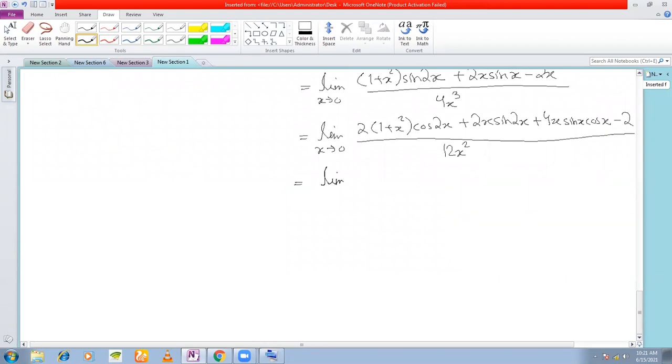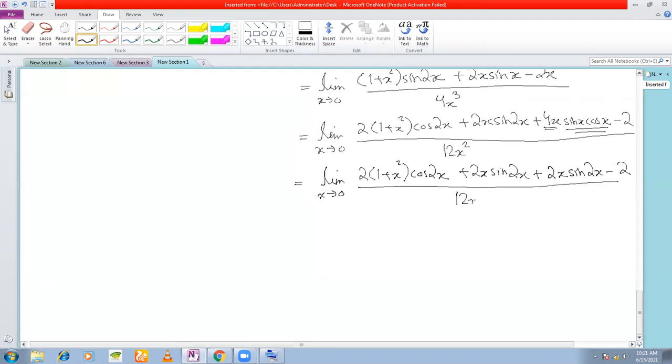Now simplify this a little. Twice 1 plus x square cos 2x is there, plus 2x sine 2x is there. Now see, here I have a 4 sine x cos x. That means if I take out a 2 sine x cos x, this will give me 2x sine 2x minus 2, right? By 12x square, is equal to limit x tends to 0.